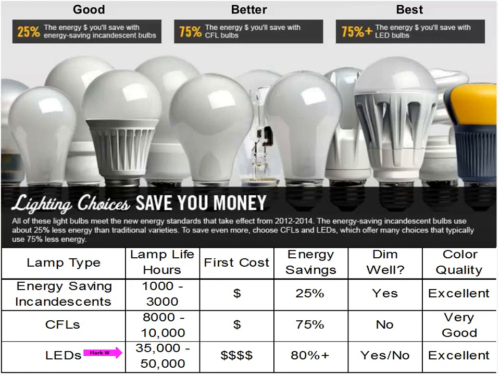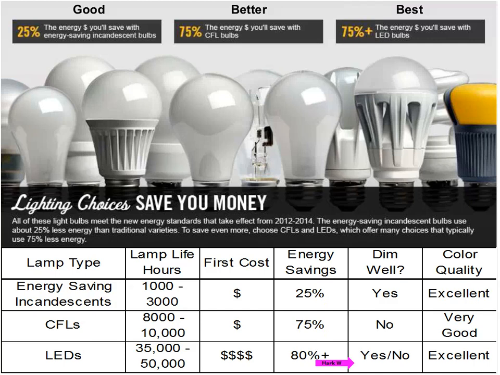But LEDs are going to have the highest first cost, but they have the most savings. Dimming is going to be important for some applications. Energy-saving incandescents dim really well, where CFLs don't. LEDs, most will dim well, but some don't.